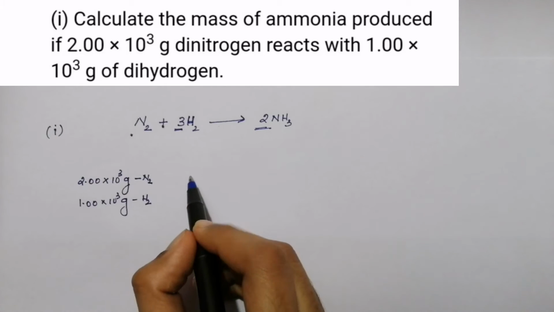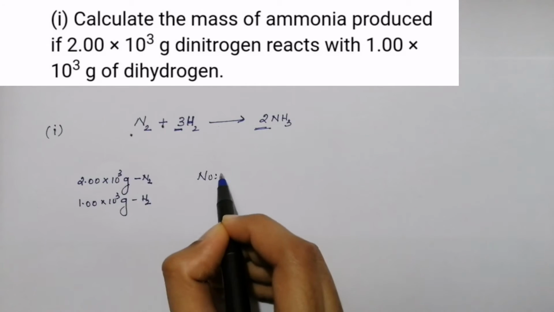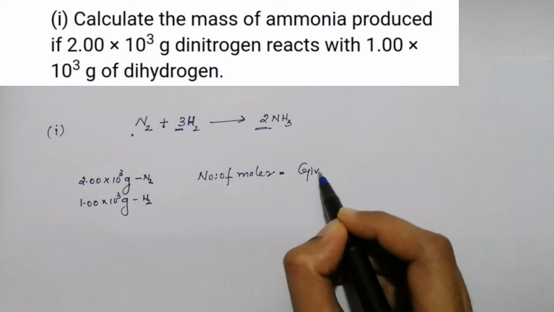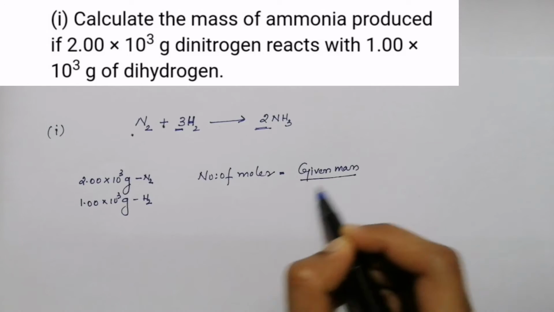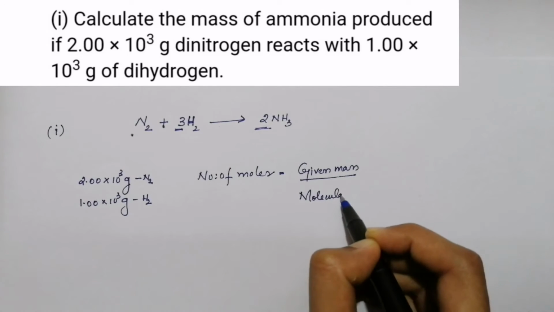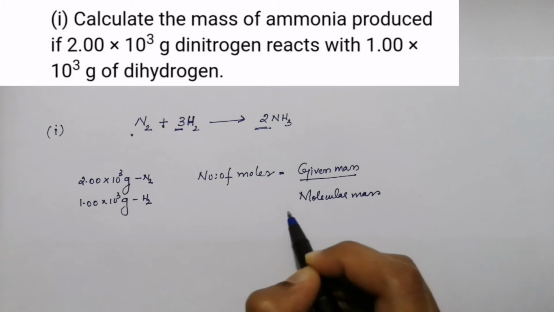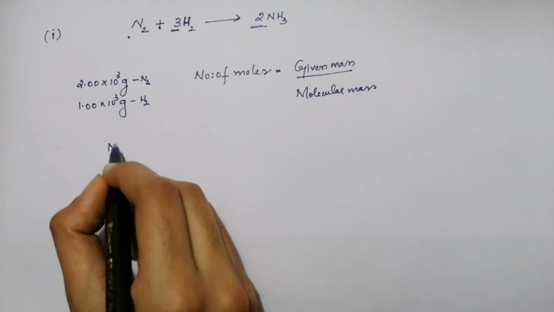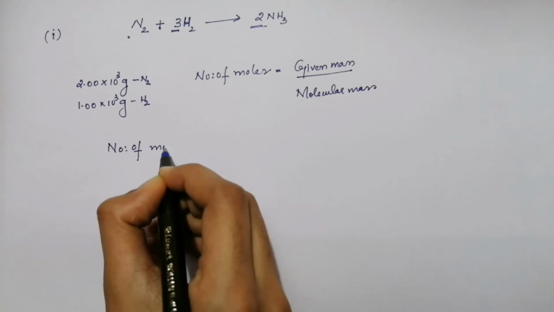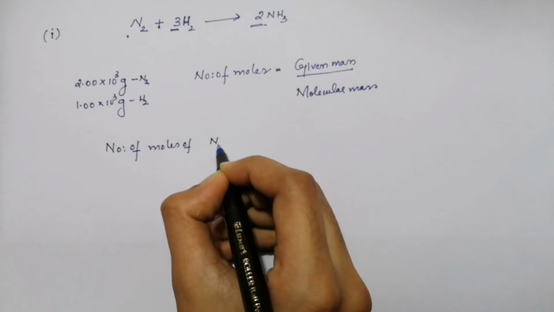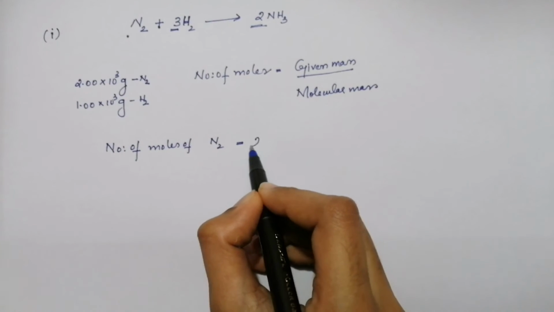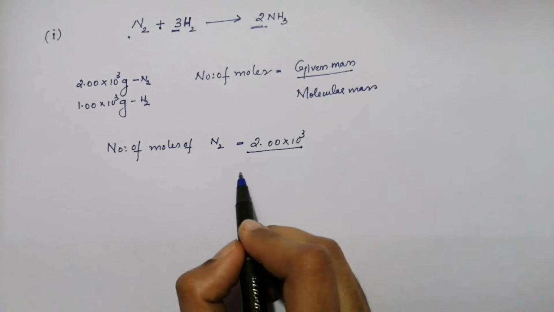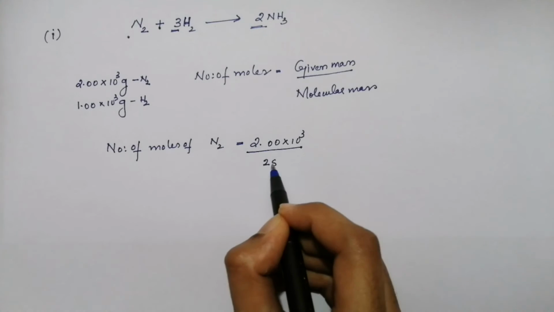We know that to calculate the number of moles, we have an equation which says number of moles is equal to given mass upon the molecular mass. So this is the equation that we are following to calculate the number of moles. The number of moles of dinitrogen can be calculated as, we have the given mass as 2.00 × 10^3 gram divided by, we know that the molecular mass of dinitrogen is 28 gram.